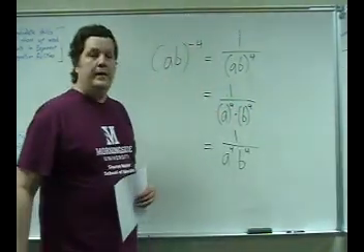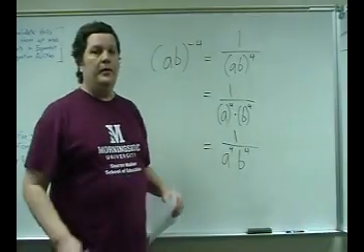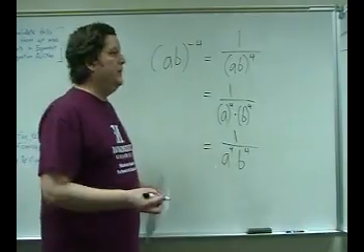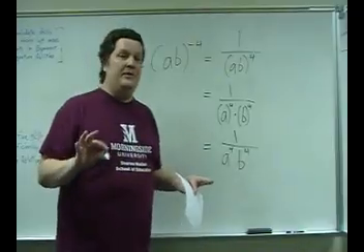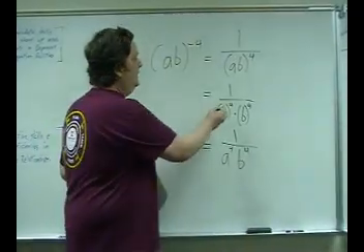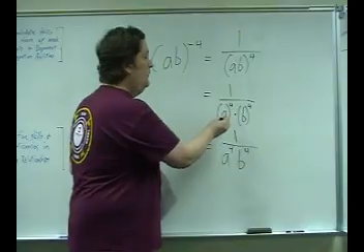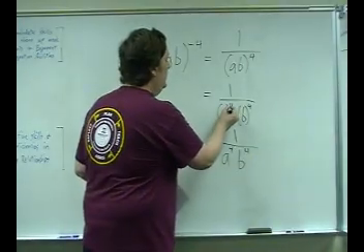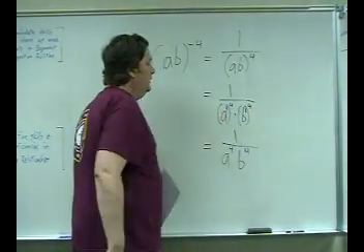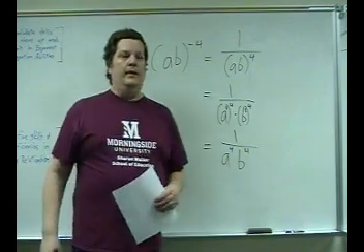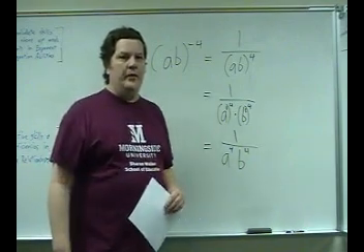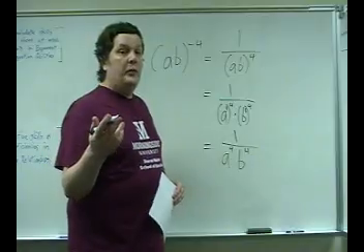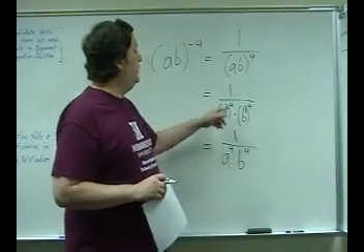Now, how do I know that that becomes A to the 4th and B to the 4th? I don't have a number there. You all should remember by now, it's been almost 5 weeks: if you do not have a number here, you can always add a 1. There is always going to be a 1 there, whether you add it or not. As long as you remember that the 1 is there, you can use the rules pretty quickly.